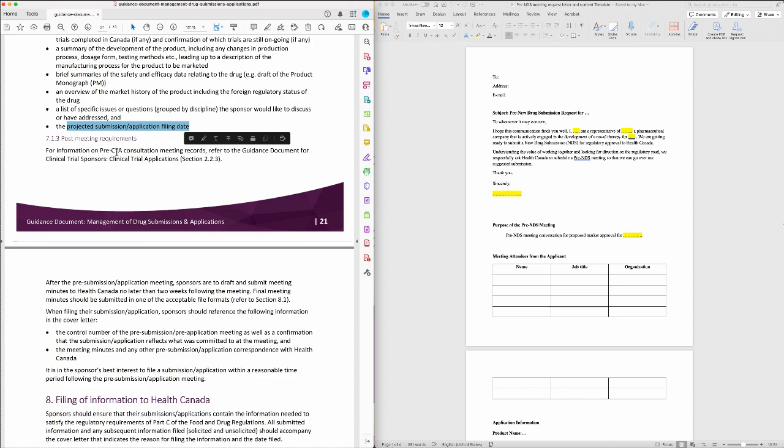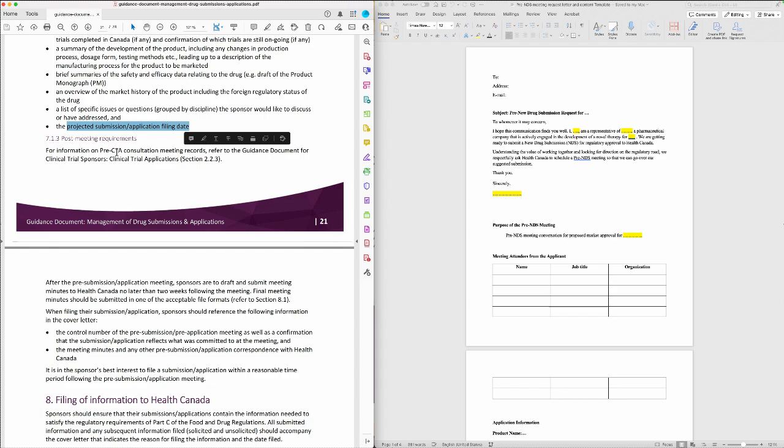So what I'm saying here is that when you're having a pre-new drug submission meeting with Health Canada, first, we looked into what is needed for preparing the package. Then I talked about the fact that we have to propose 3 dates. Then we have to submit the package to Health Canada. Then we will have a meeting. After the meeting, we will then need to document the meeting by writing the meeting minutes, by keeping the emails and any correspondence that we had or received with Health Canada.